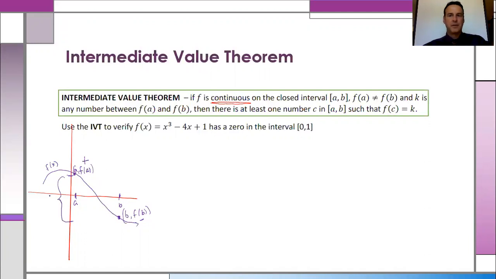Somewhere in between here, there must be a k, such that there is a respective c between A and B. So somewhere in between here, there must be a c, which is basically an x value, such that f of c is equal to k.